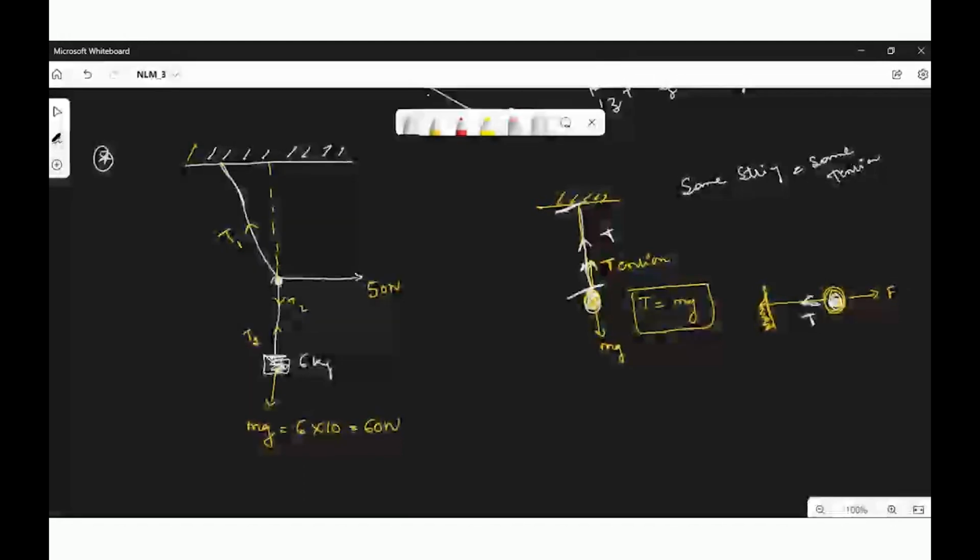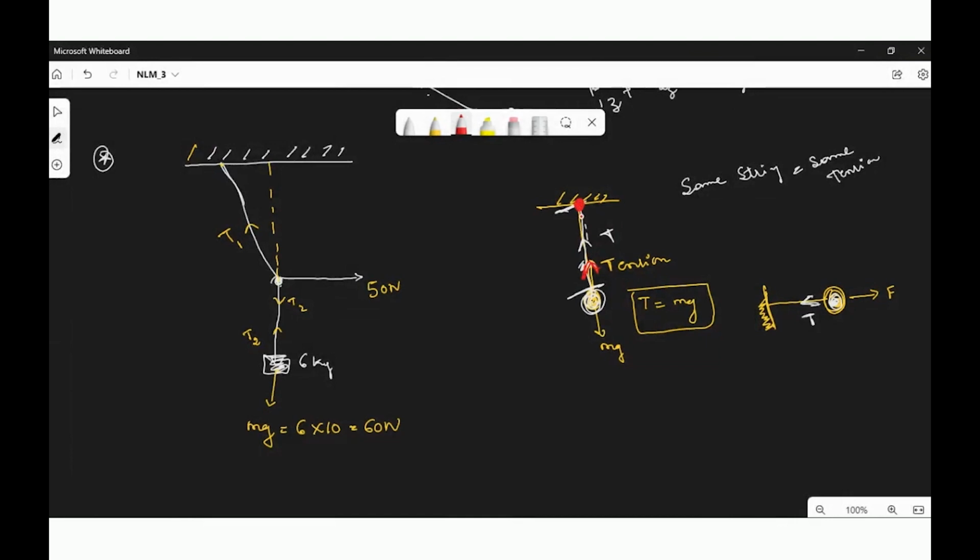So the same logic I have applied here. There is a weight acting downward. I want to see the tension acting in this direction, so you observe from this point and draw a force opposite to it. It tries to pull the object. Now if there is a rigid clamping here, I try to see what the tension is here.